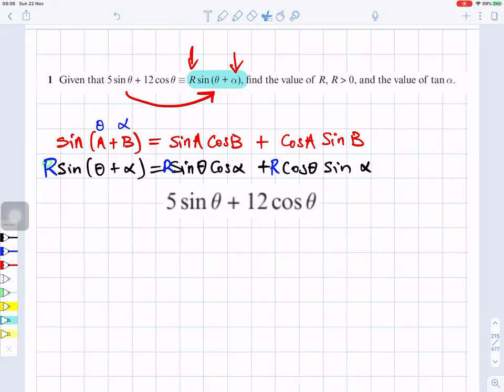So if I write this such that we can compare it, I'm just swapping the position: r cos alpha sine theta plus r sine alpha cos theta.